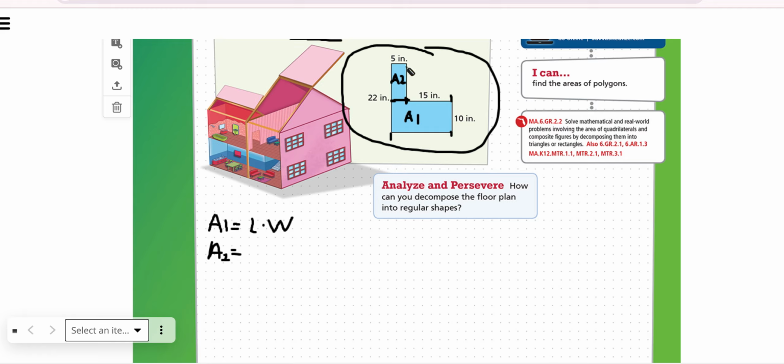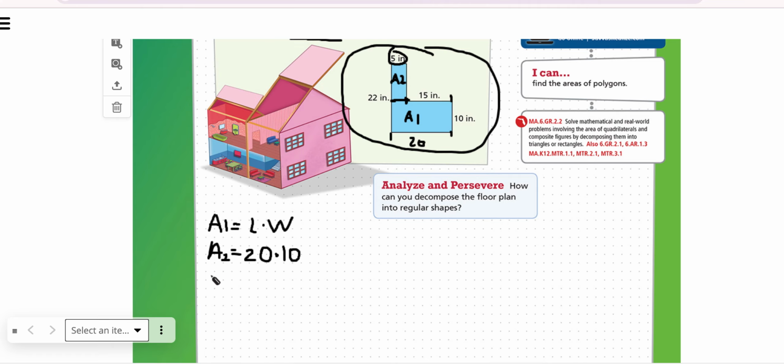And this little bit is the same as this over here, 5 inches. So 15 and 5 more is 20. So this is 20 times 10. This is 20, so I'm going to put 20 here. So this is 20 times 10.